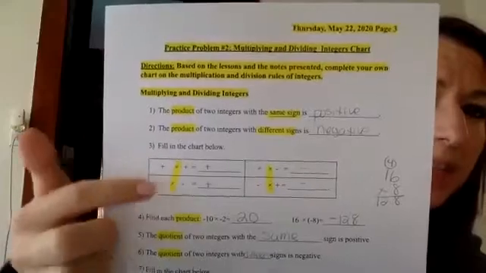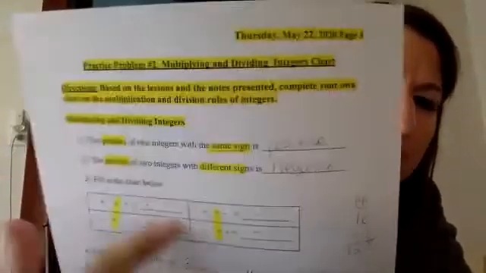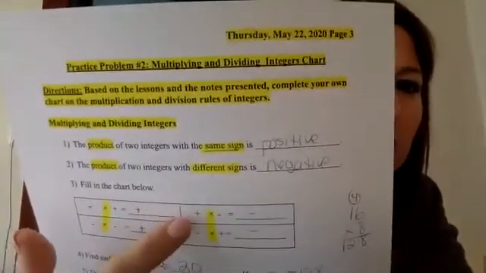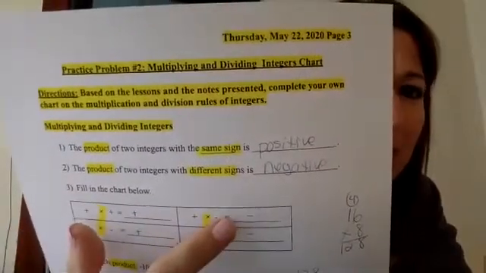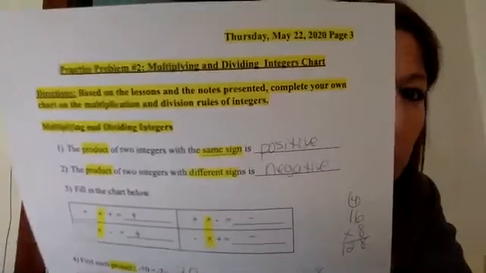Same is positive, different is negative. Again, know these rules. All you're going to look at is the chart. The chart's going to tell you, based on the sign, if it's a negative answer or a positive answer. That's all this is saying.